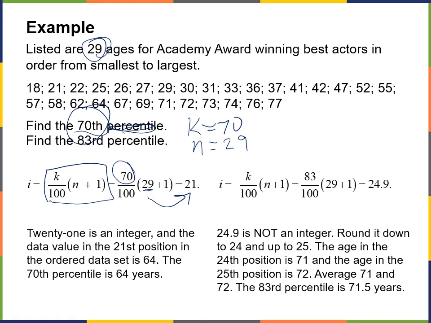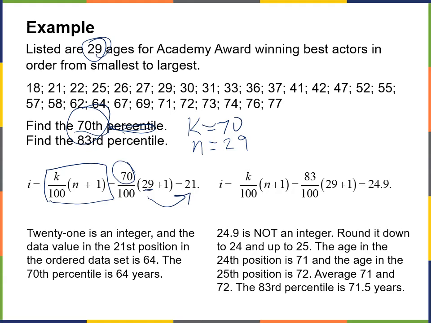Now, 21 is not necessarily the answer. P21 is how we're going to identify the answer. So what this tells us to do is we need to look at a data value that's in the 21st position of the data set.